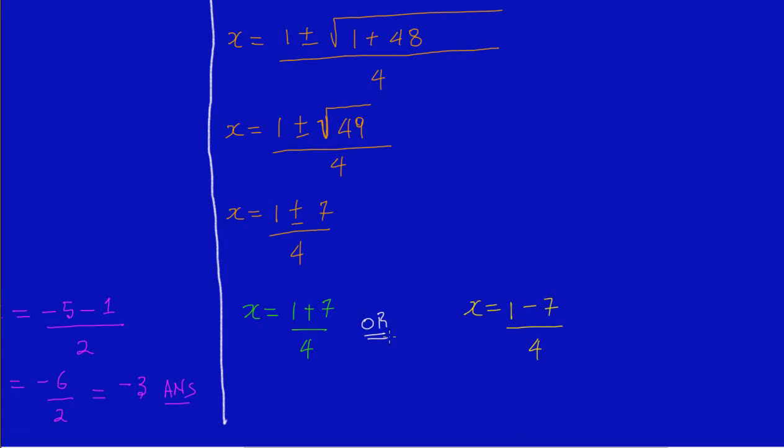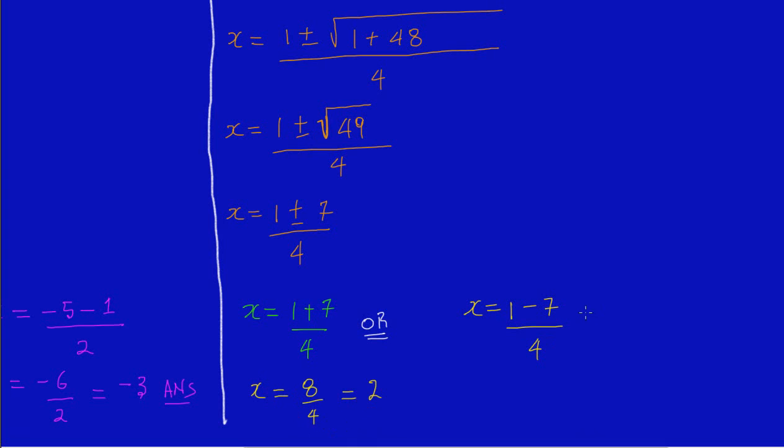Now x is equal to 1 plus 7. We know that 1 plus 7 is 8, so x is equal to 8 over 4. And 8 divided by 4 is equal to 2, so x is equal to 2.